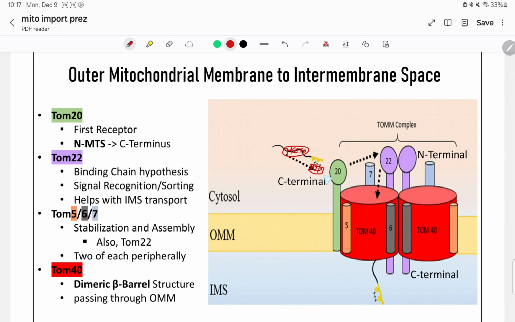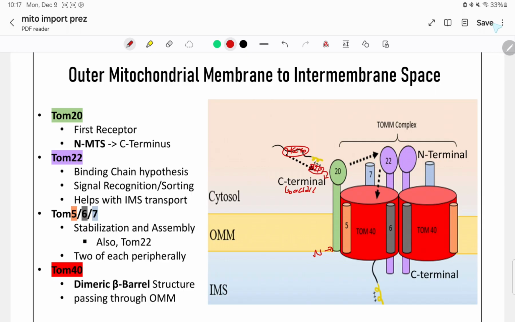But this AIP is going to interact with the C-terminal side of TOM20. So this is the C-terminal side of TOM20, and this is the N-terminal side of TOM20. But the C-terminal side is very, very acidic, and it'll interact with this AIP. And then it'll pass it on to TOM22.